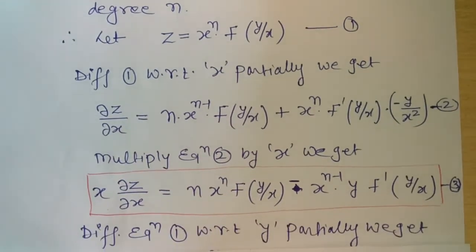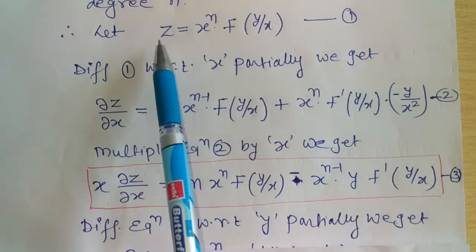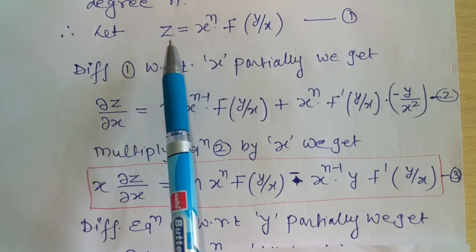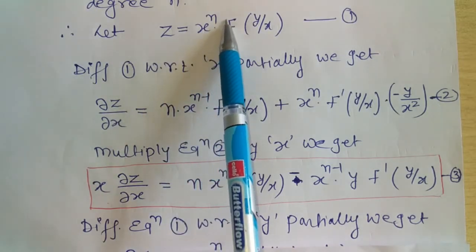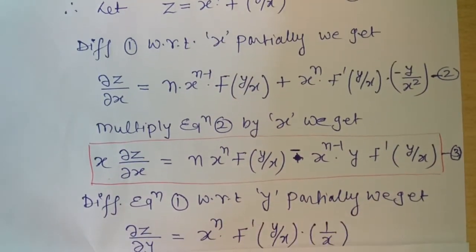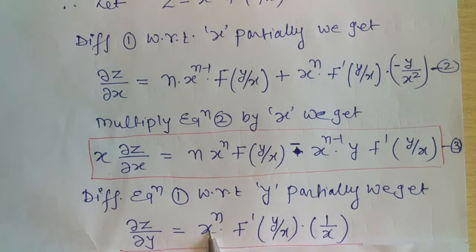We get the partial derivative of z with respect to y, del z by del y. Here with respect to y, x power n is constant, so we have del z by del y equal to x power n constant.